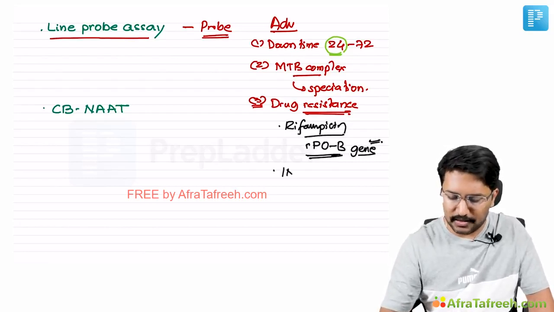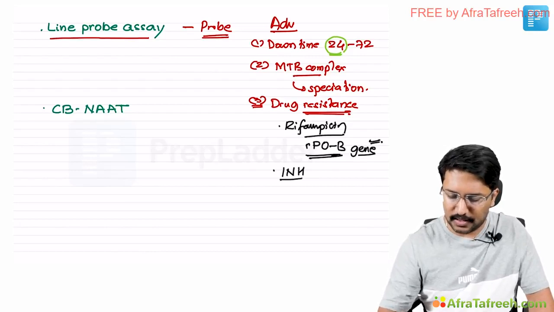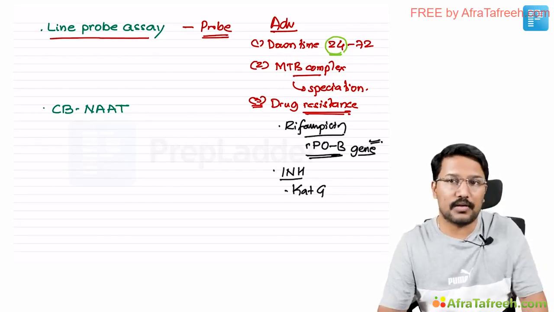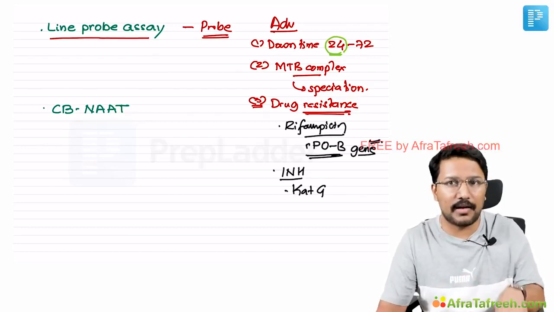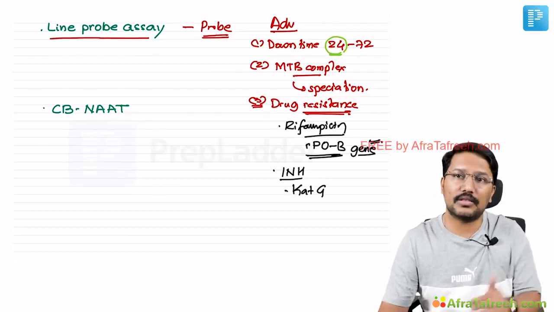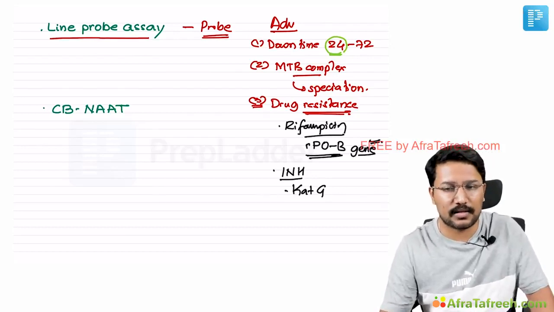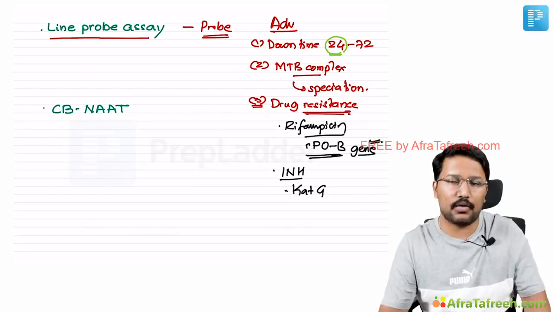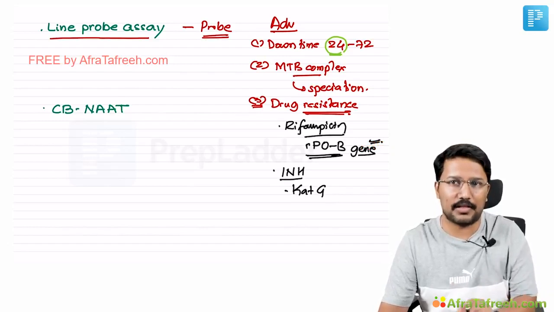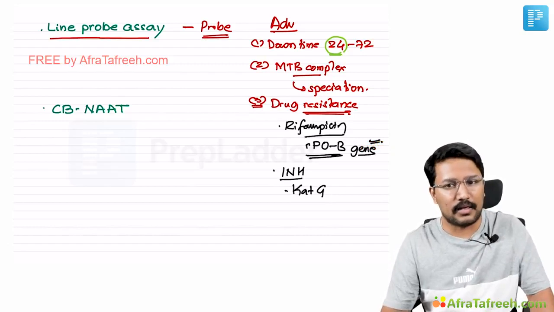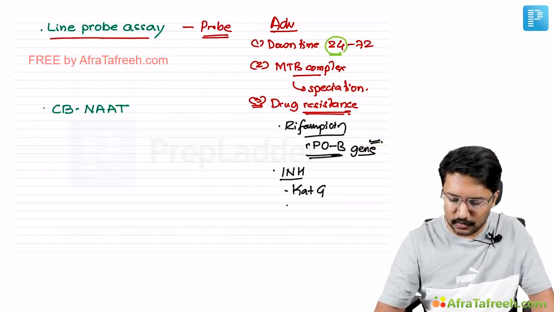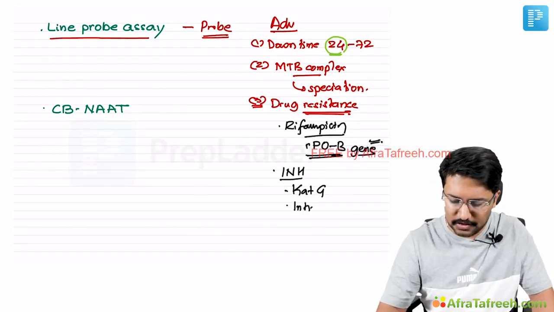Now if you talk about INH, it tries to identify two genes. One is katG. We did discuss this, the catalase peroxidase enzyme that defends the mycobacteria against the host cell's oxidative stress, right? The same gene, as I have already told you, is involved in activation of INH. So if this gene gets mutated, INH resistance can be seen, right? So katG is one. There is also one more gene called inhA.